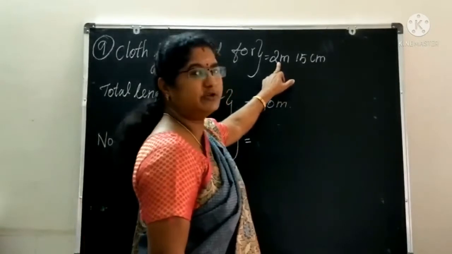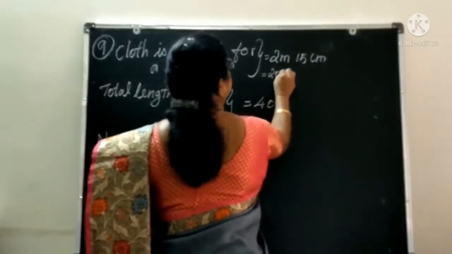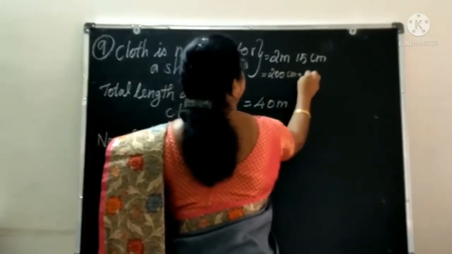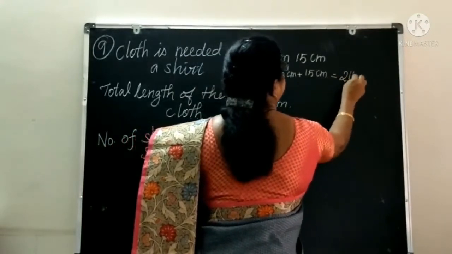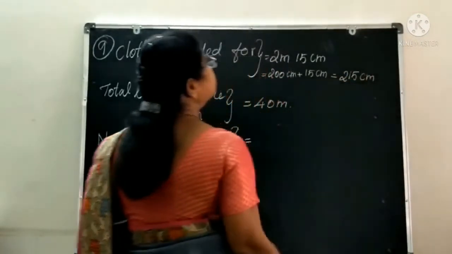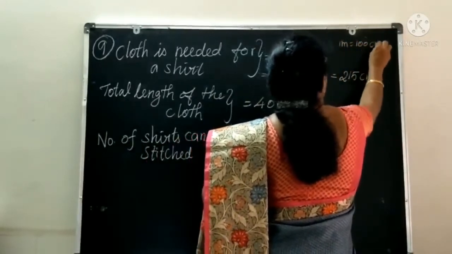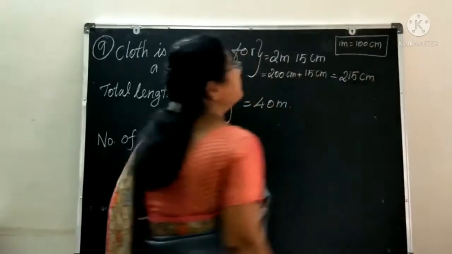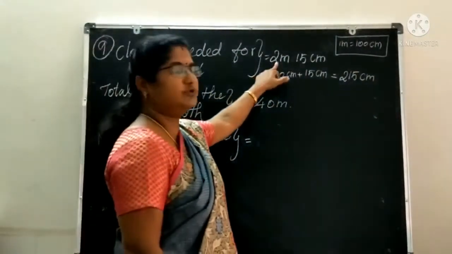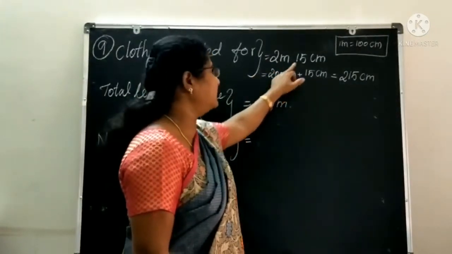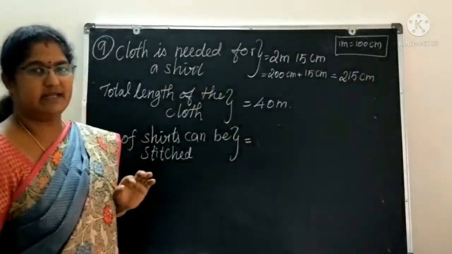Convert this 2 meter into centimeter. 2 meter is 200 centimeter, plus already it is 15 centimeter, so totally 215 centimeter. 1 meter equals 100 centimeter, isn't it? So we convert 2 meter, 2 into 100, 200. Already this is centimeter. When you add together, 215 centimeter.